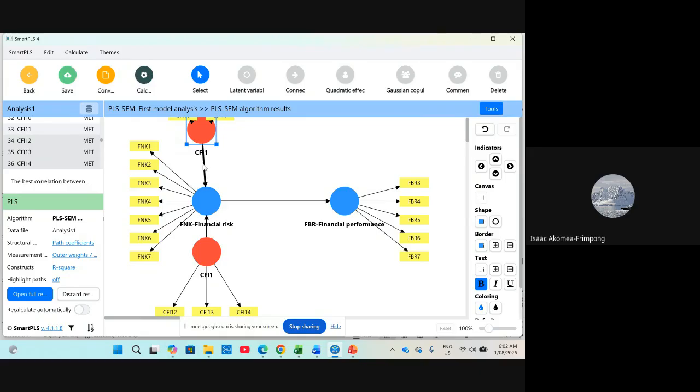And with this one, because there are other variables that are coming together to form this, we will term this as formative variables or formative latent constructs. We can also do it the opposite way.